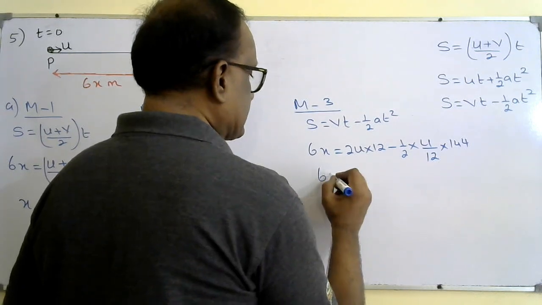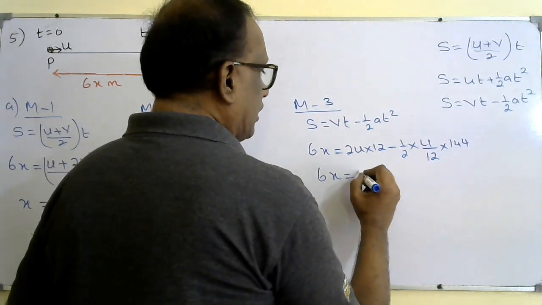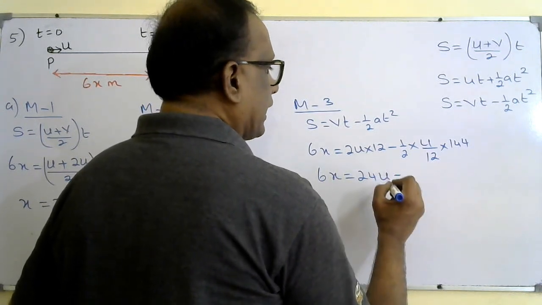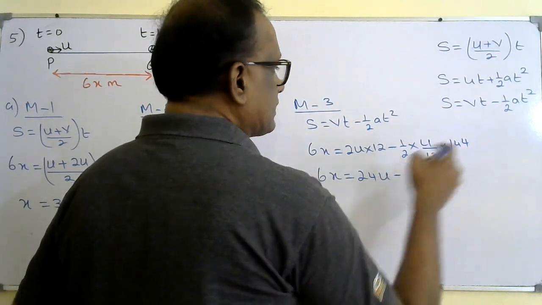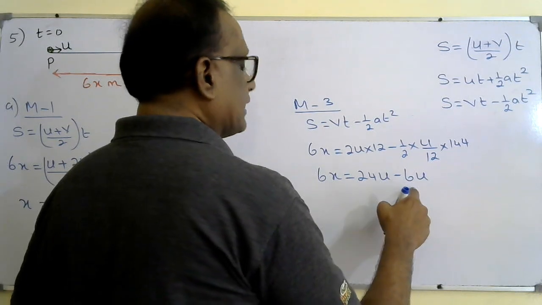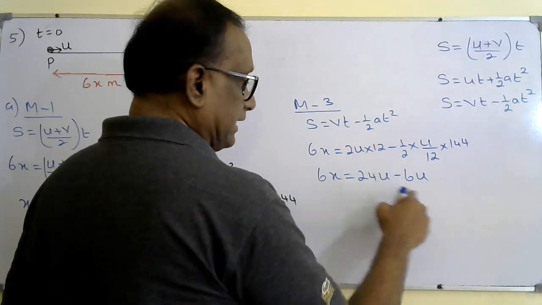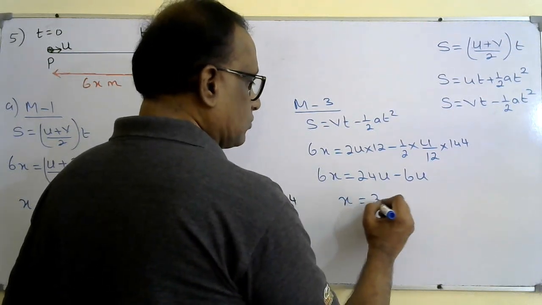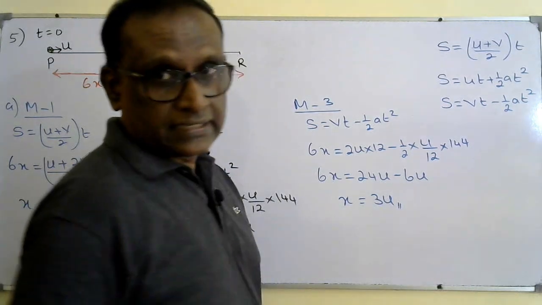So that's going to be 6x equals 24u minus 6u. You can see 24 minus 6 is 18, so 6x equals 18u, x equals 3u. So whatever method you follow, you'll get the answer.